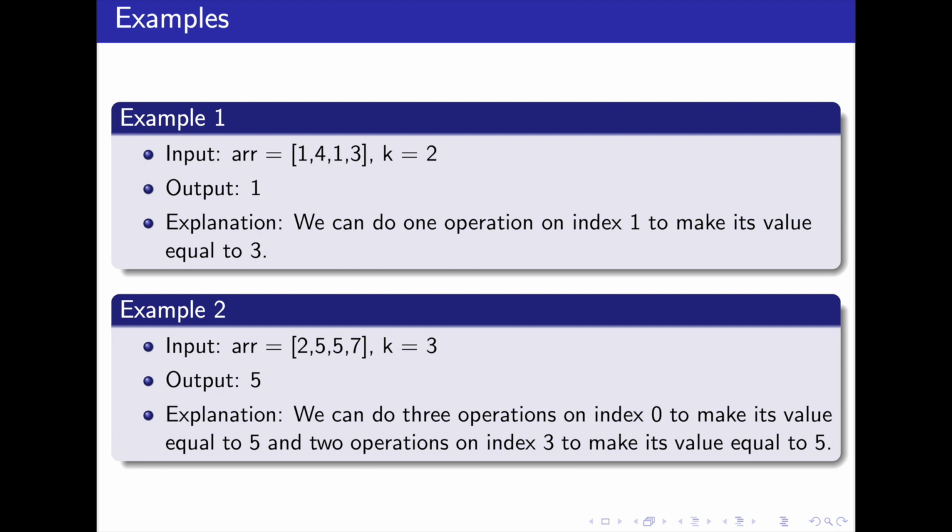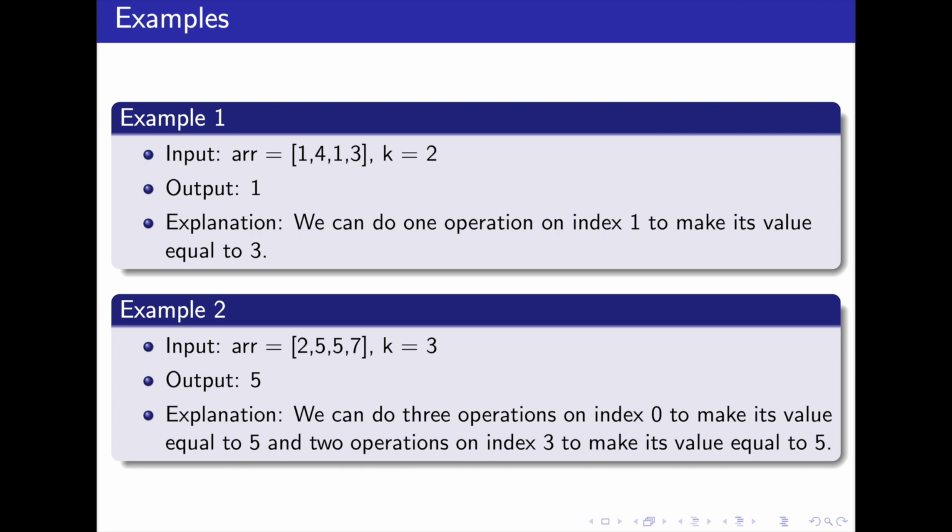The updated array will be [5, 5, 5, 5], and all subarrays of length 3 have an equal sum of 15. These examples illustrate how our solution helps us find the minimum number of operations needed to make the sum of all subarrays of length k equal.